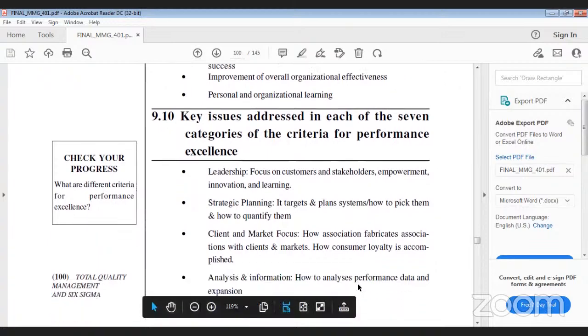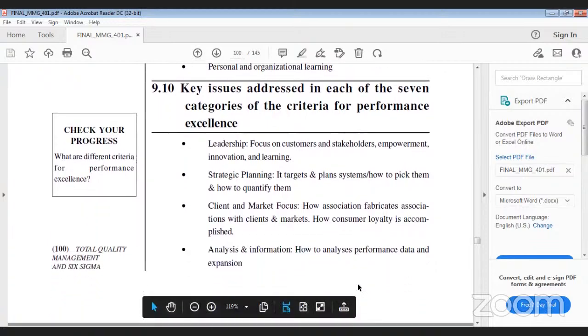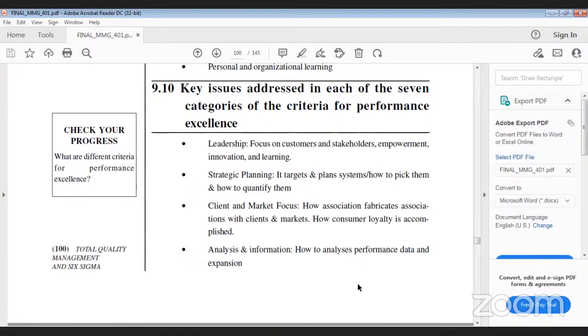Second point is strategic planning. It is the target and plan, systematic, how to pick up them and how to quantify them. Third is client and market focus. How the association builds relationships with the clients and markets and how consumer loyalty is accomplished.